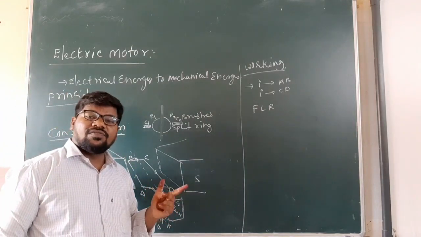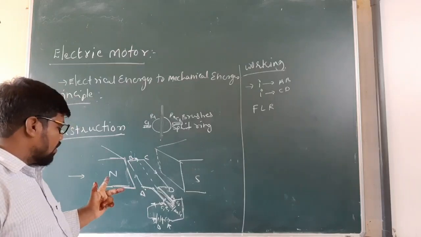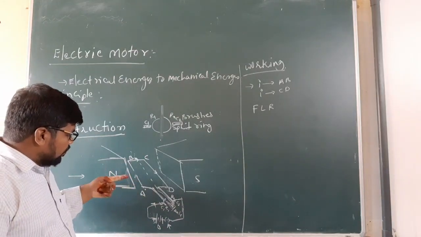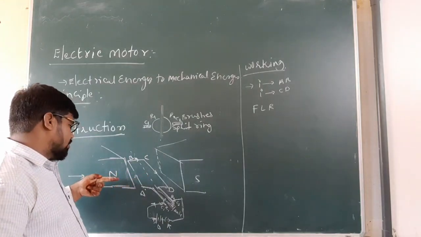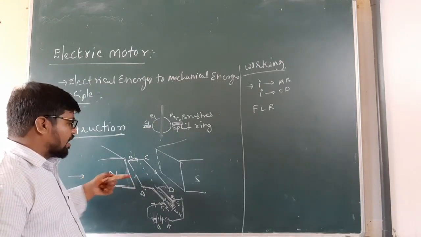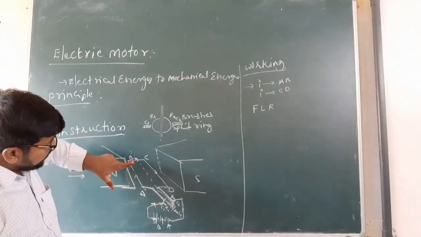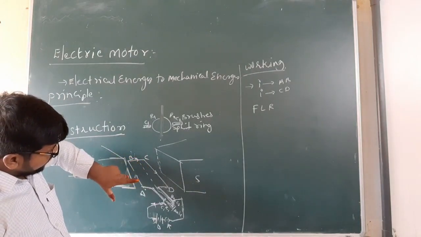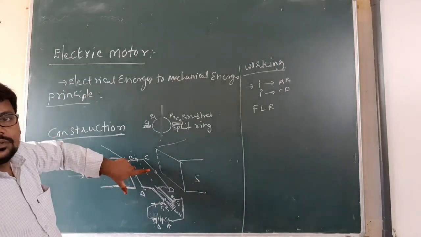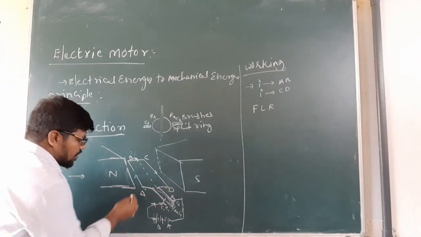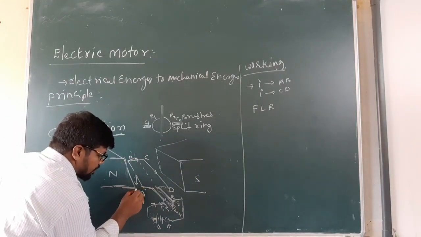The forefinger indicates the magnetic field from north to south, the middle finger indicates the current direction into the pole. Now a downward force is acting on AB.